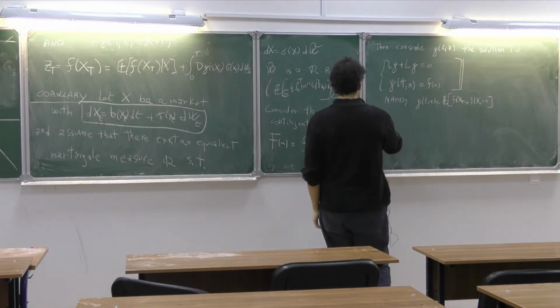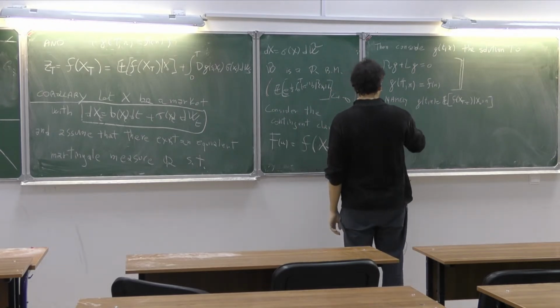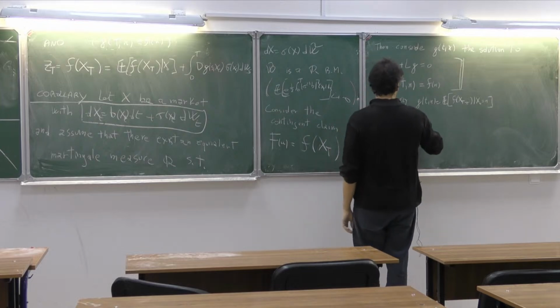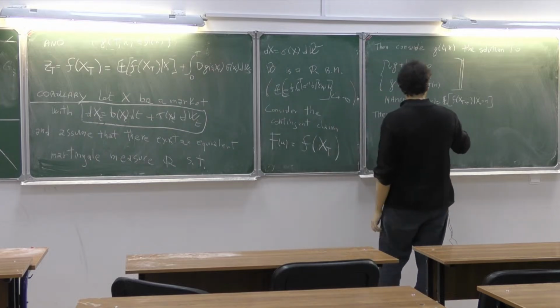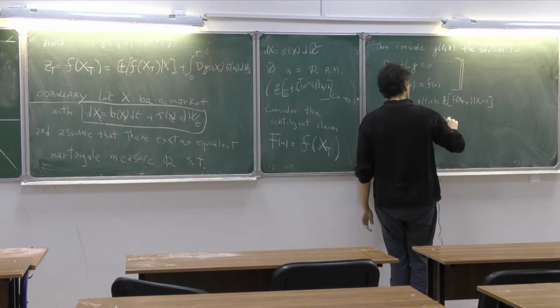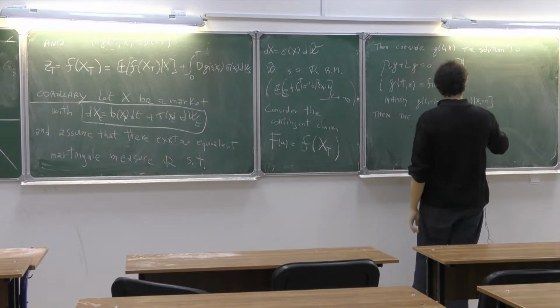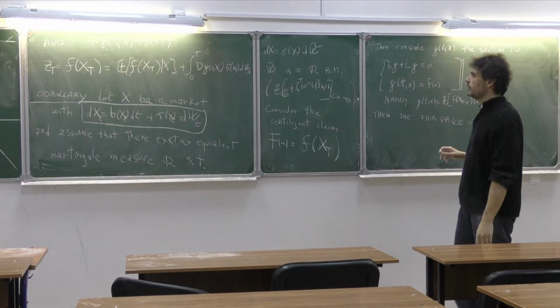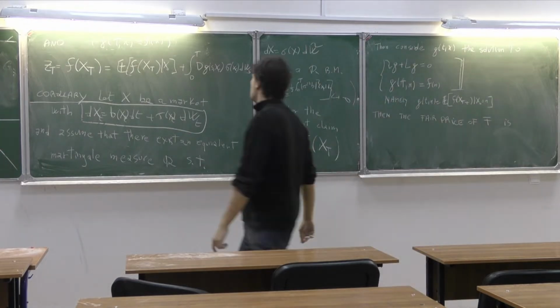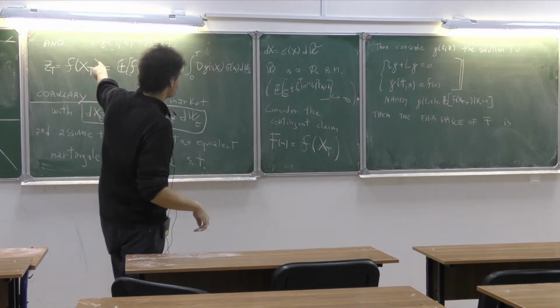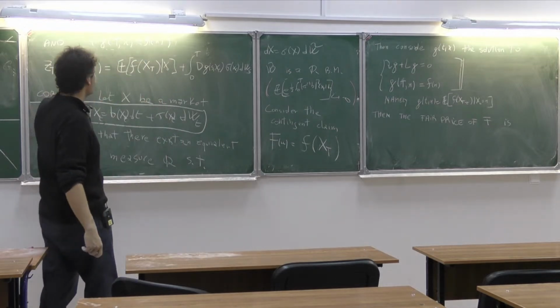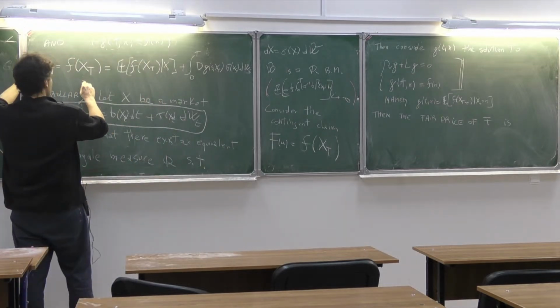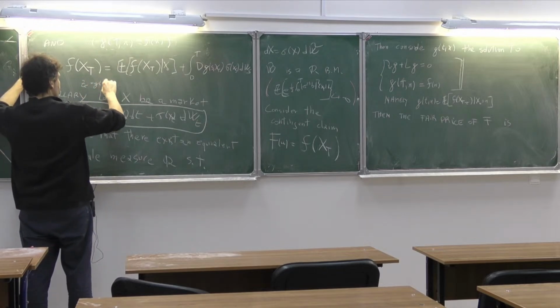Then the price of f is, well, I just apply this remark that you have here. Remember that Zt is g of t and Xt.